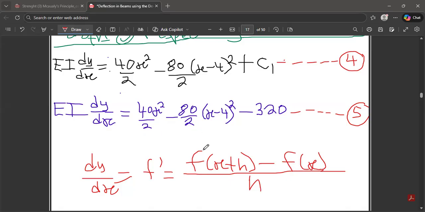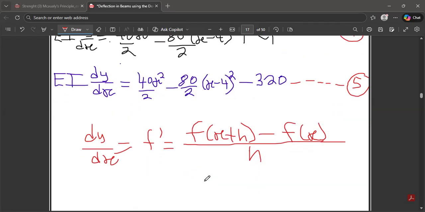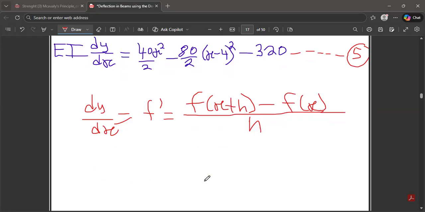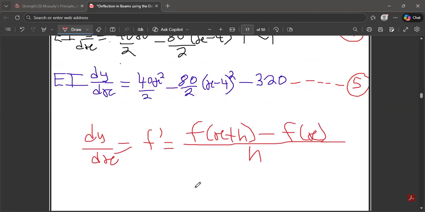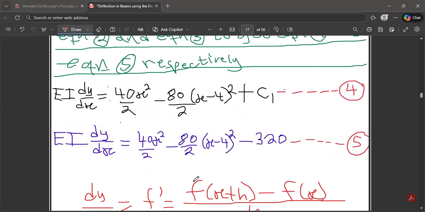If you integrate this, you are going to be left with a linear equation. So the integral of this equation again led to the linear equation, and the linear equation is now your deflection equation. So let's find the deflection equation.